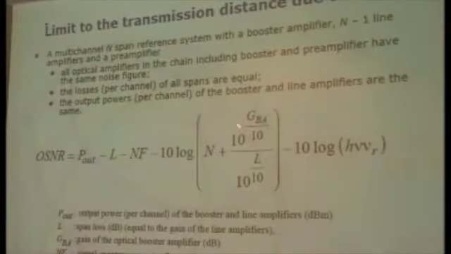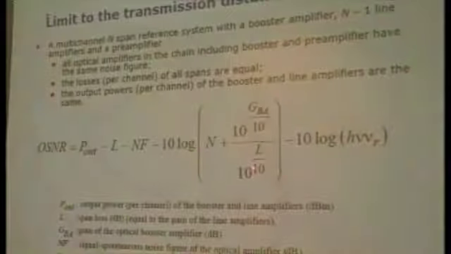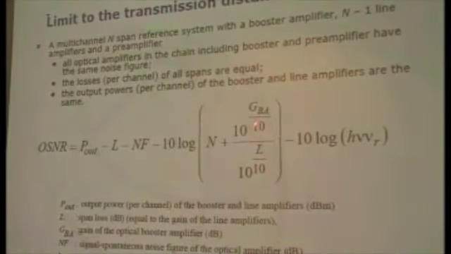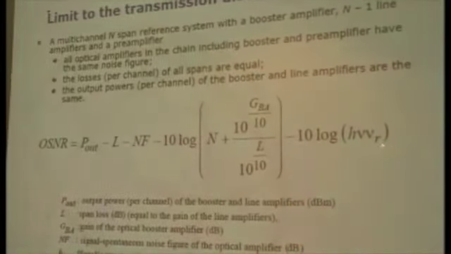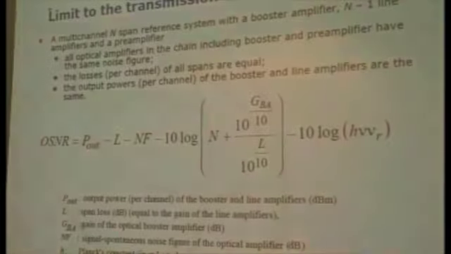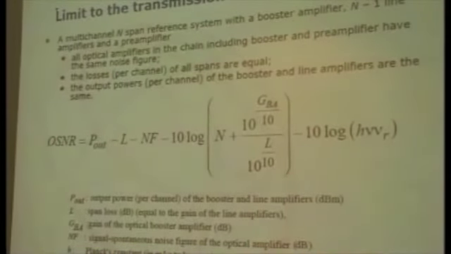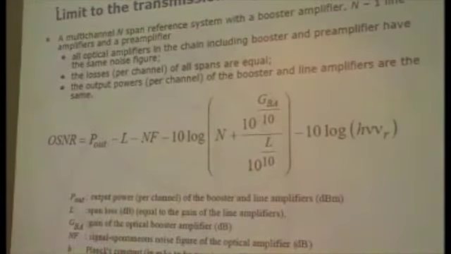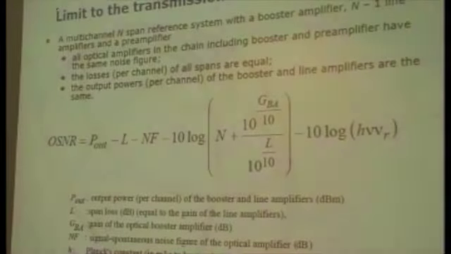And this is just the booster amplifier case. But if the booster amplifier and line amplifier are the same, this term is just 1. And minus log h nu. And nu F means this reference bandwidth, typically 0.1 nanometer. This is the measurement bandwidth for the noise level.